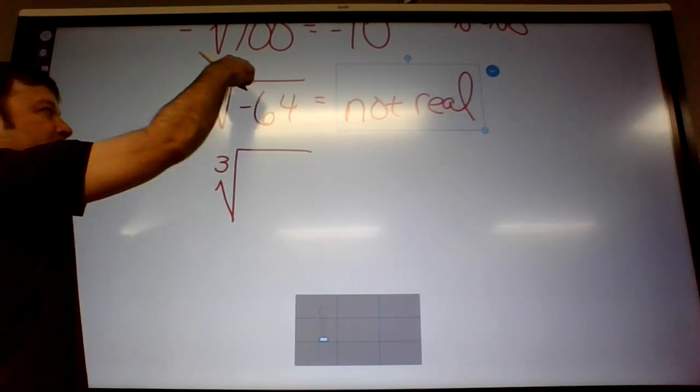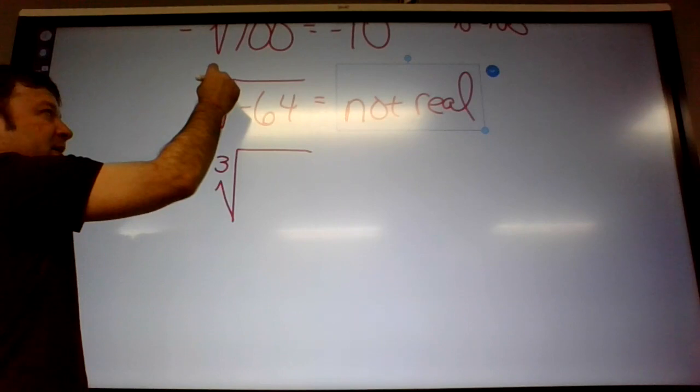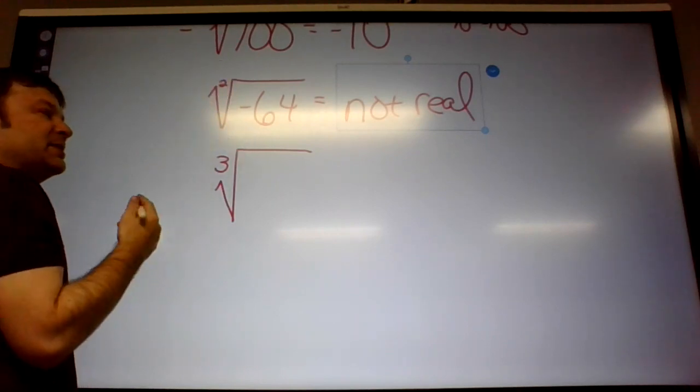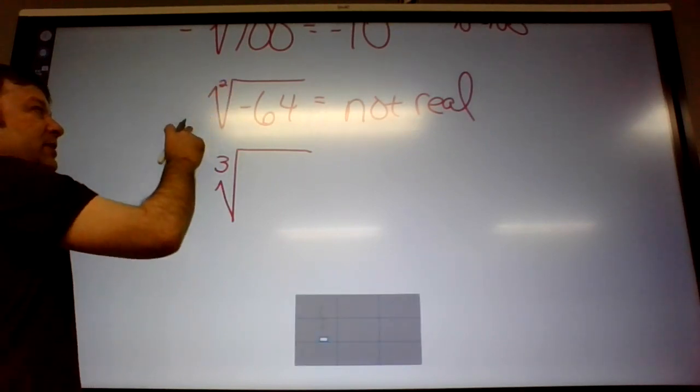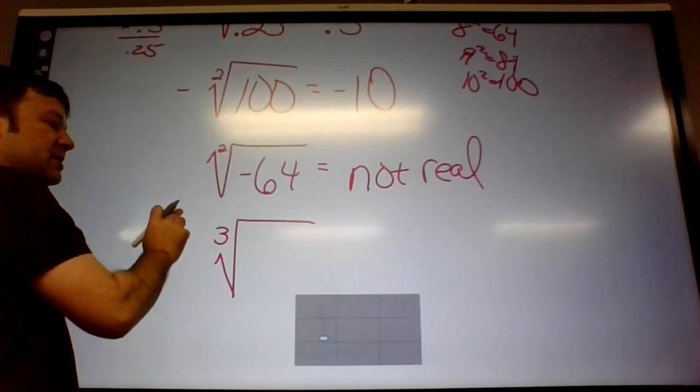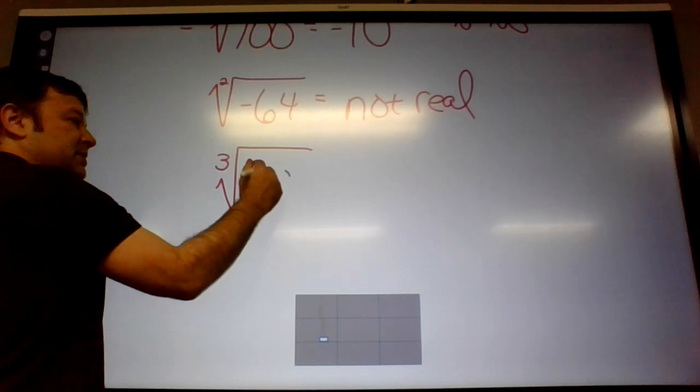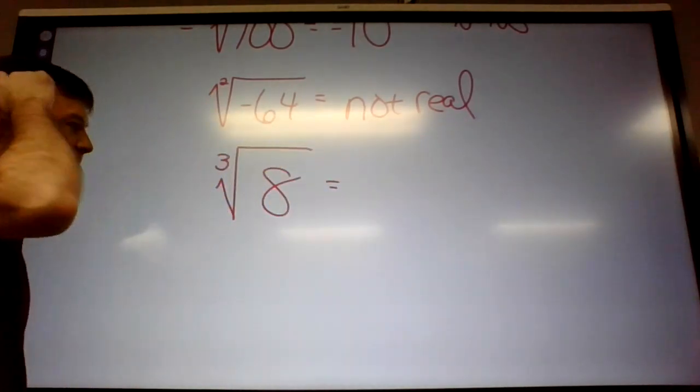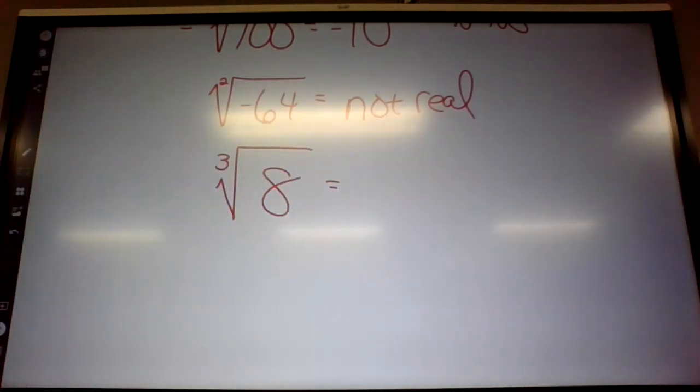If they don't put a number in there, it's implied that you're doing a square root, because that's the normal thing. So what squared equals this? What do you think a cube root means? It's what cubed equals that number.